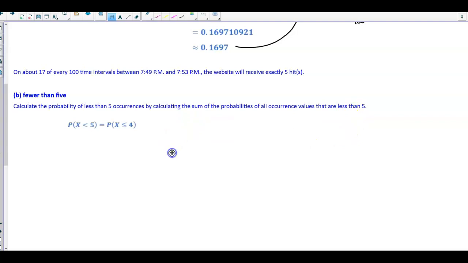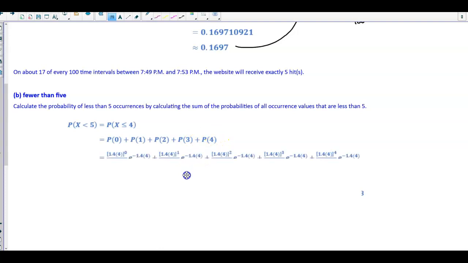So the probability of x being less than 5 is equal to the probability of x being less than or equal to 4, which means we need to find the probability of exactly 0 plus the probability of exactly 1 plus the probability of exactly 2 plus the probability of exactly 3 plus the probability of exactly 4. Then we're going to plug each value in. We already know that lambda is 1.4.